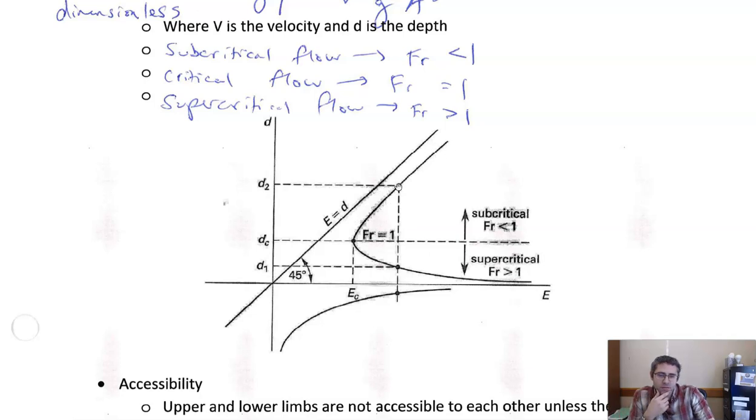So if I'm going from here to here, and I have to stay on the curve, that means I have to go around. So I have to pass through critical depth in order to get to this lower depth. Likewise, if I wanted to go from supercritical here up to subcritical here, I would have to pass through critical depth on my way there.